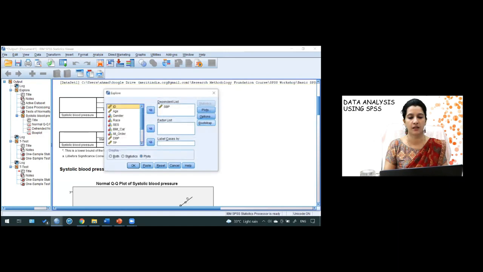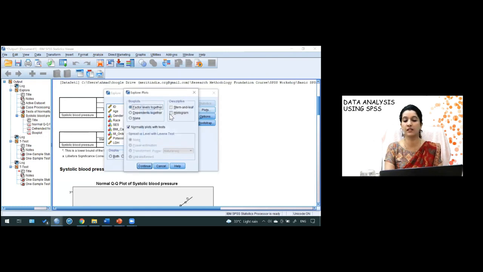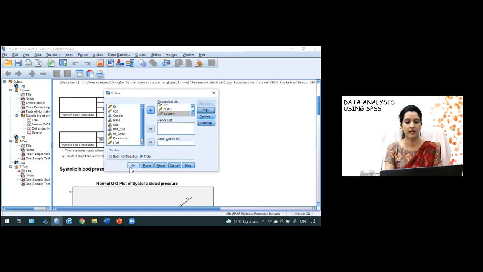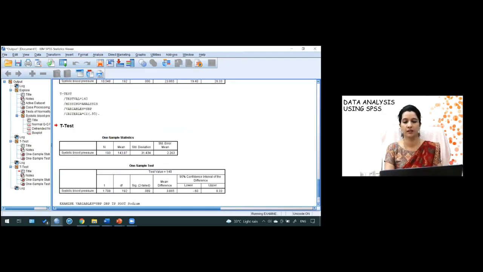Here I have entered SBP, total protein, SGOT, all my continuous variables, maybe sodium, just to show you. Then I go for Plots. You can click histogram also, but that will give you the same thing. I am only going with these two because that is the most commonly done. If I click OK, then you can see.